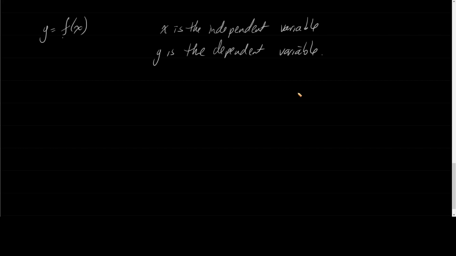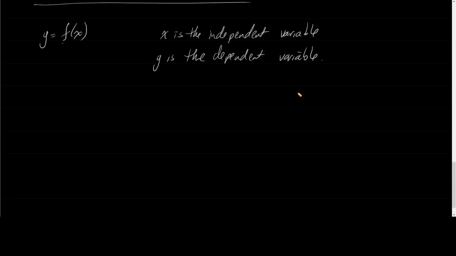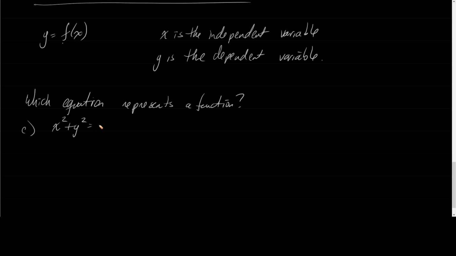So what would represent a function? So let's look at an equation. So which equation represents a function? So let's say I had something like x squared plus y squared is equal to 8.